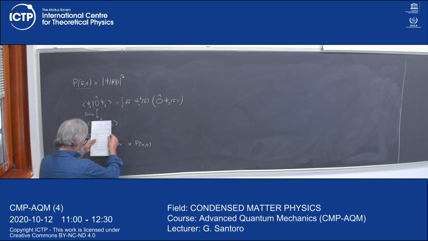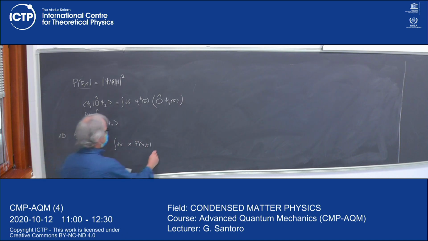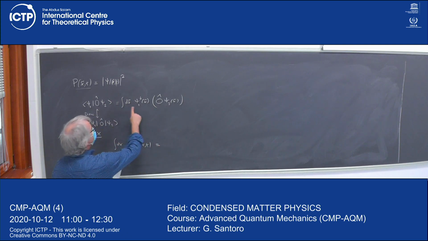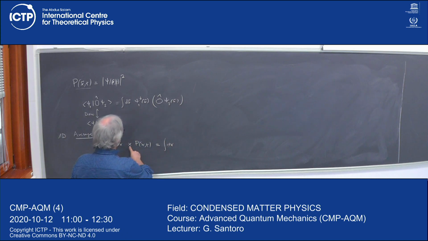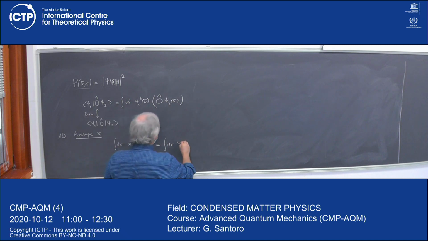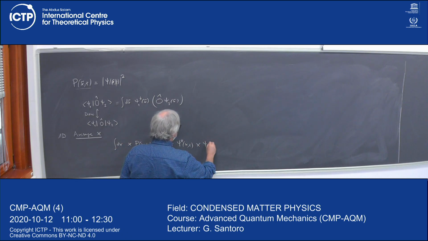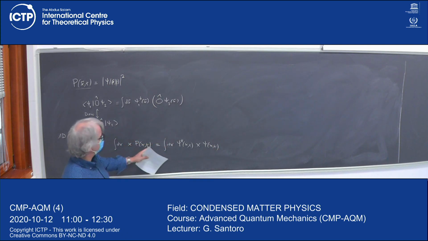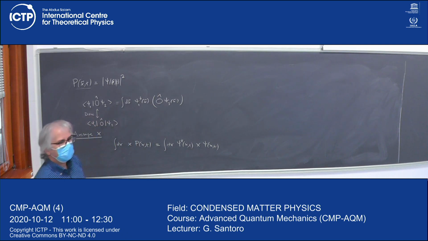Good. So this object here, very naturally, in fact, is written in this form. Because this is the integral over x of, remember that this is psi star psi. So let me write one psi star here, the x in the middle, and the other psi here. So I just rewrote this p as psi star psi in this strange way.